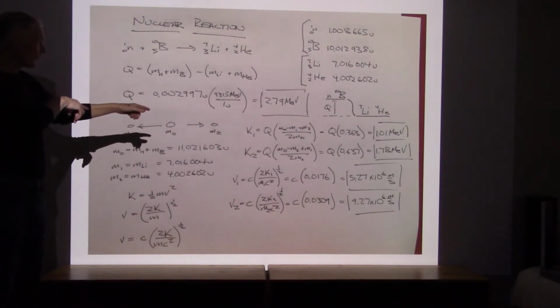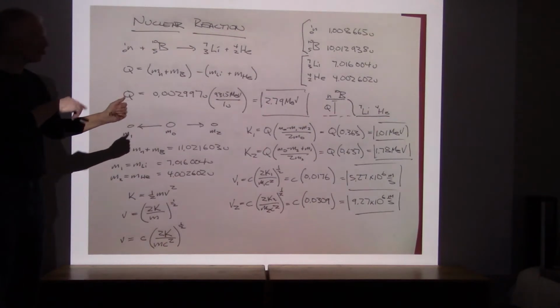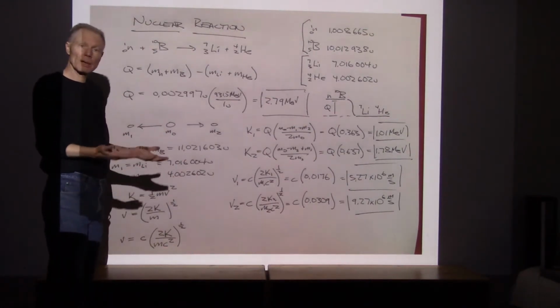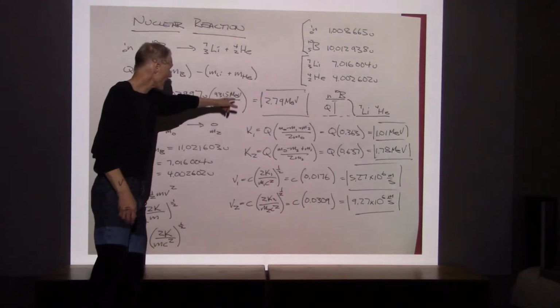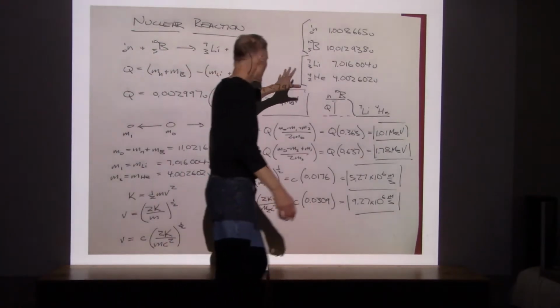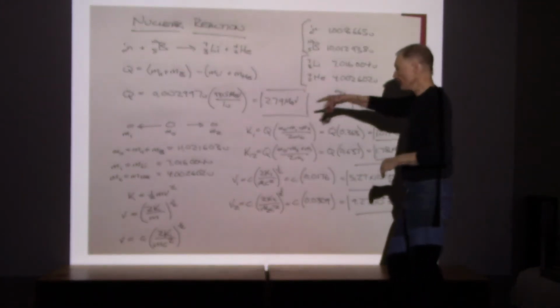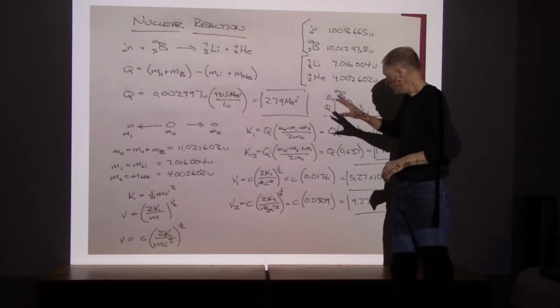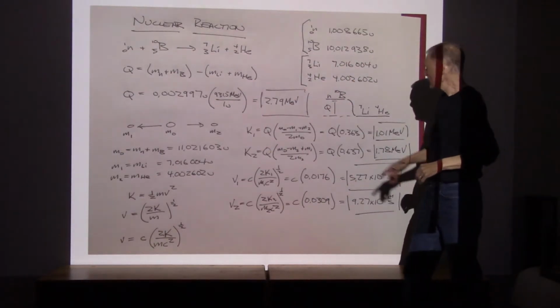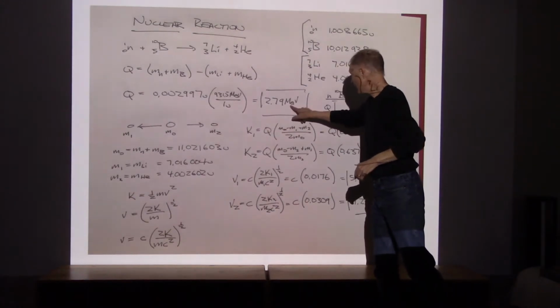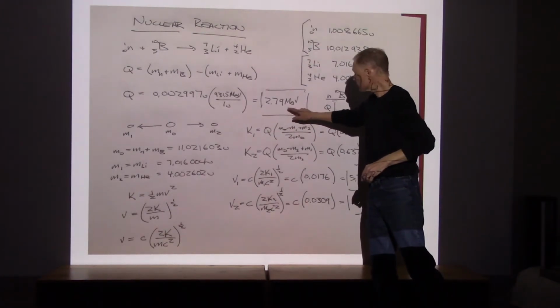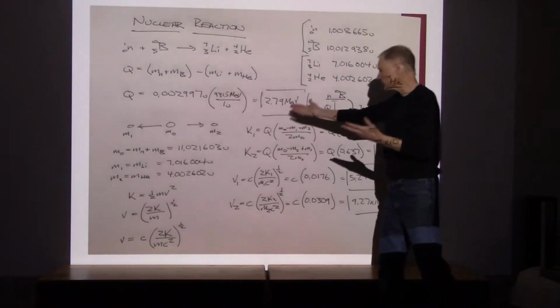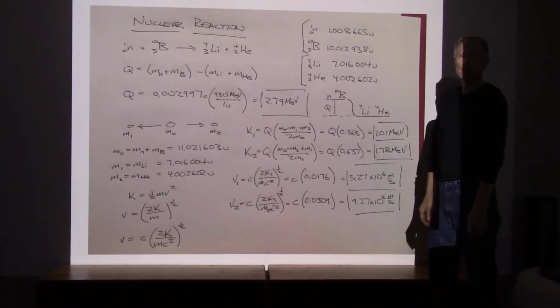So those are the kinetic energy formulas that we derived last chapter, and we can plug into those. We've got the Q value already, we've got all the masses, so we just follow the prescription that we've set up here, take those masses, plug into this formula. The Q contains the MeV units, and the mass units of atomic mass units, they're all going to cancel out.